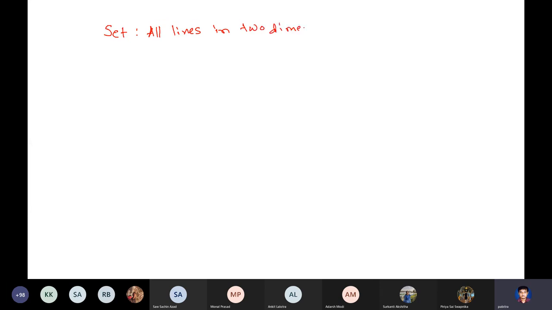In higher dimensions we don't call it a line anymore. But let's say our set consists of all lines in 2 dimensions. This is our set. Let me call it L.